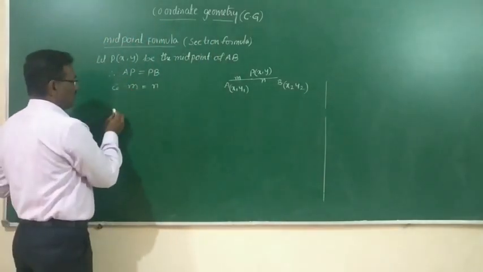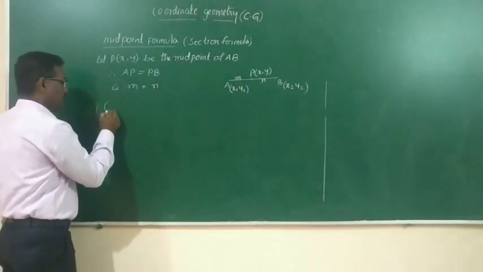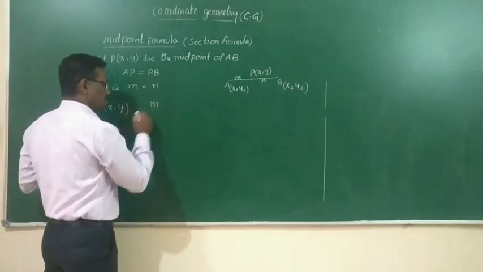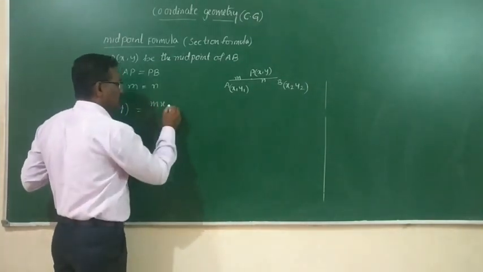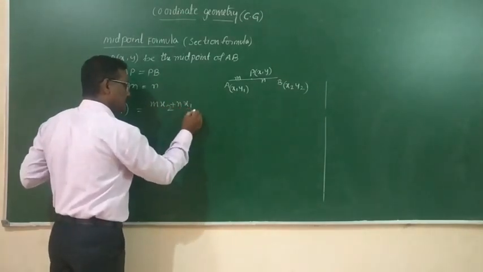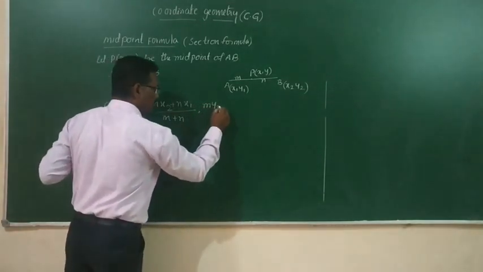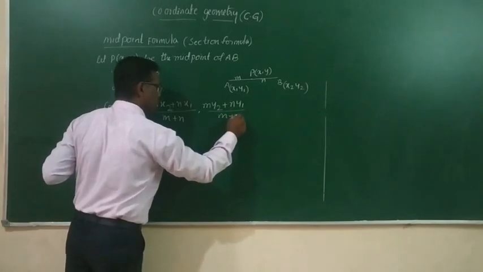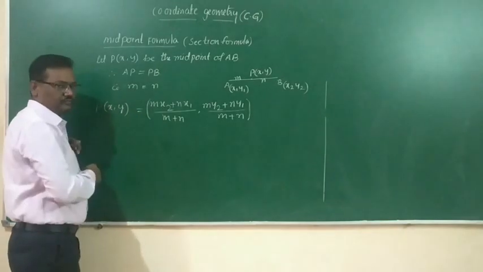Yes. The section formula we have: the section point P of x comma y equals, as we discussed in the earlier class, mx2 plus nx1 by m plus n, my2 plus ny1 by m plus n. This is the section formula we have.